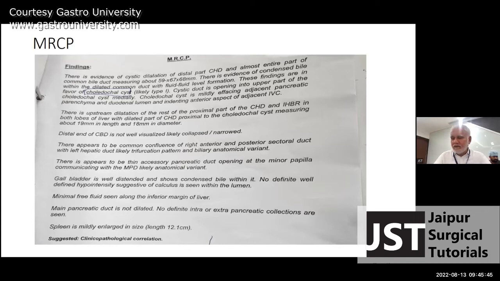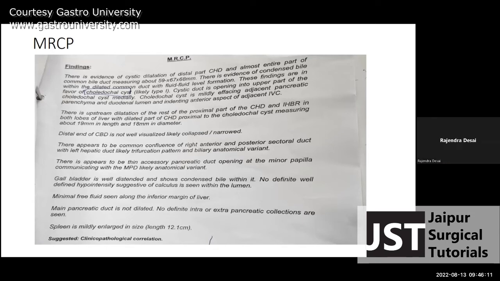You said his PT-INR is normal? So if PT-INR is normal, then why vitamin K? Do you give vitamin K to all? So there is no special preparation, sir. What about hydration?